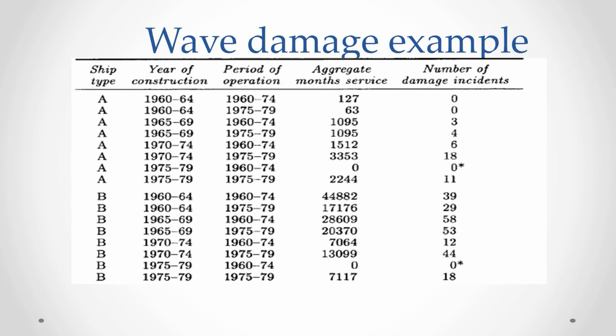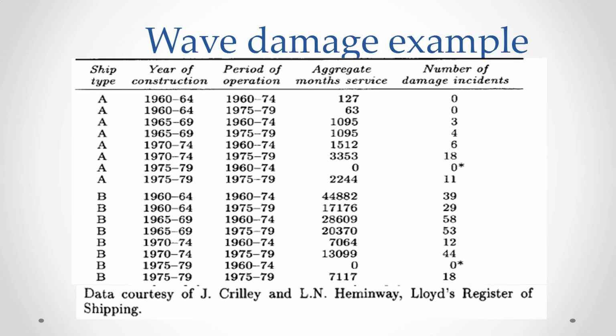Without going into the mathematics of quasi-likelihood, let us look at a situation where it is applicable for an observational data set. Now, this is the wave damage data which has been studied in detail by McCullagh and Nelder, and it looks at the number of reported damage incidents and aggregate months of service by ship type, year of construction, and period of observation.